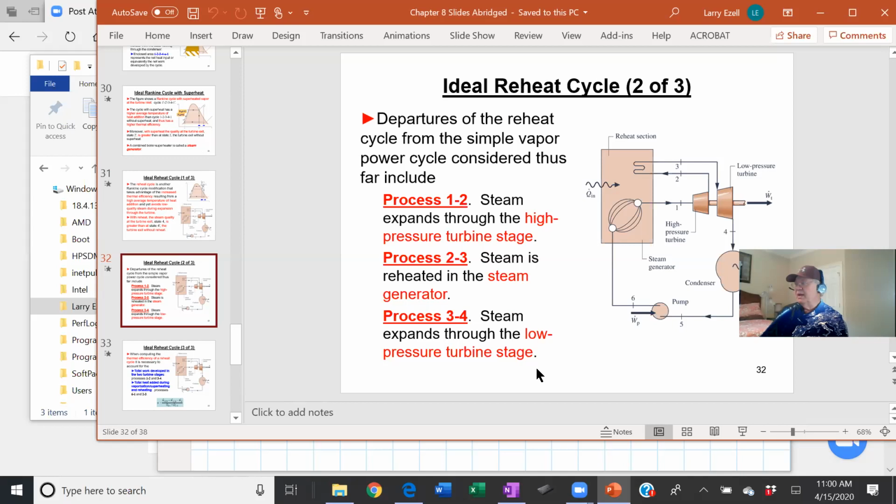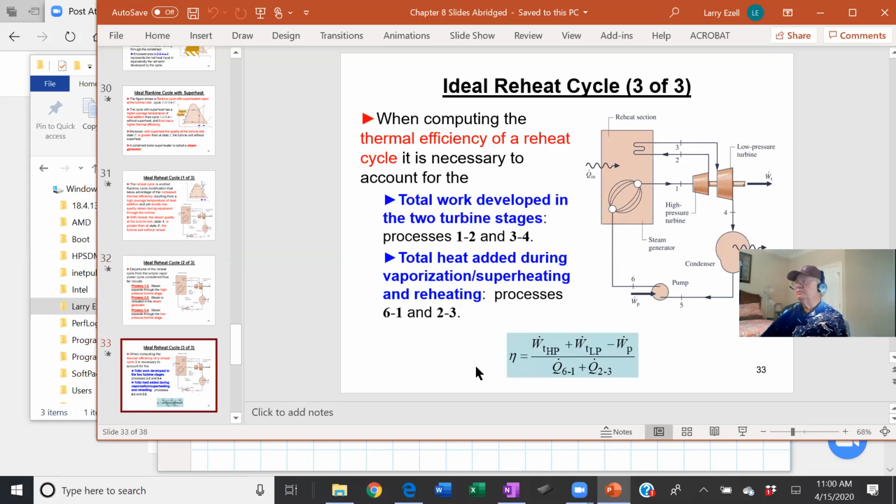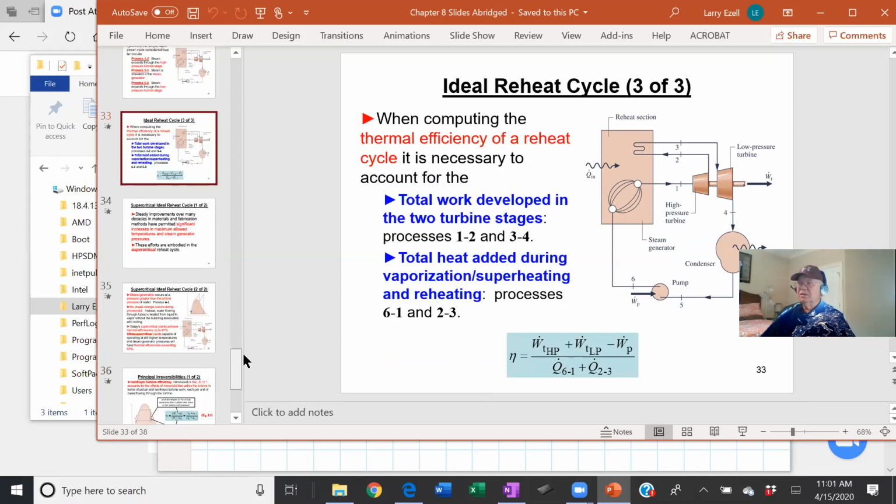It reheats it, then you expand it, and when it comes out of this turbine it's generally almost all vapor, so you've gotten just about all the good you can get out of steam when you go through dual turbines like this. They talk about some efficiency and reheat and so forth. It does up your efficiency.